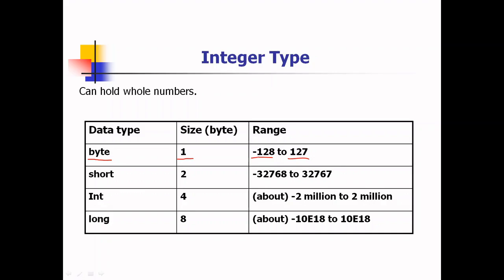The range is minus 128 to plus 127. So we can declare a byte variable. For example, we can simply use the data type byte.